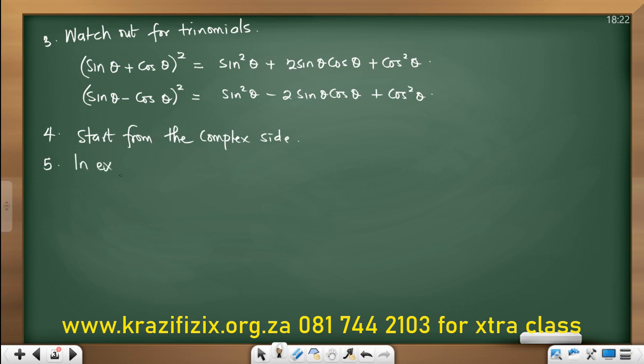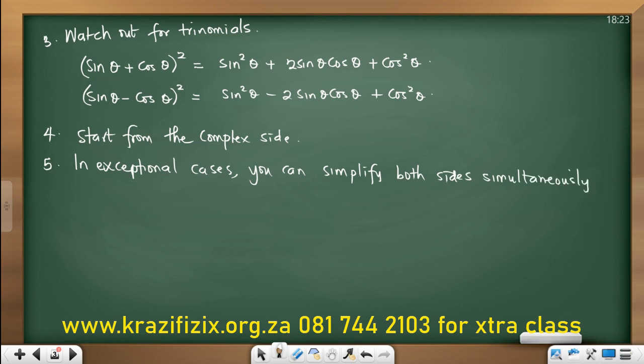Number 5, in exceptional cases, you can simplify both sides simultaneously to a common point.